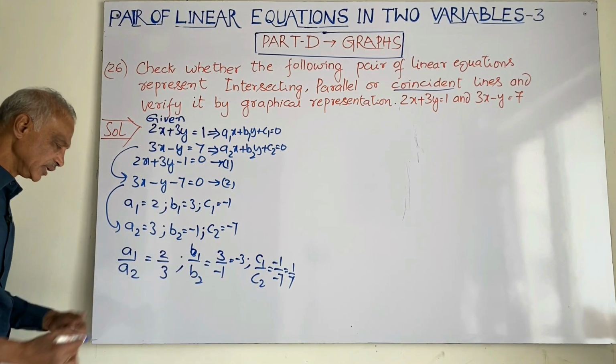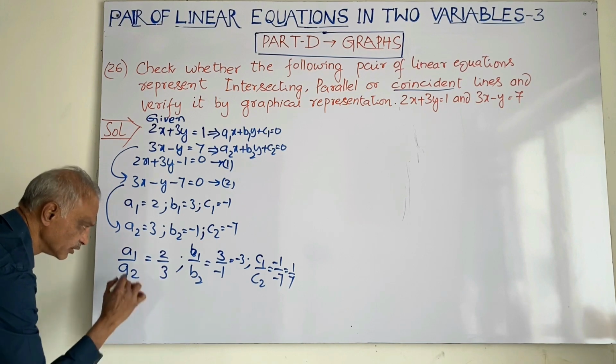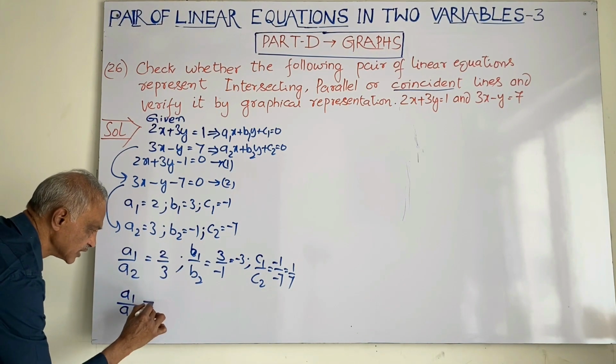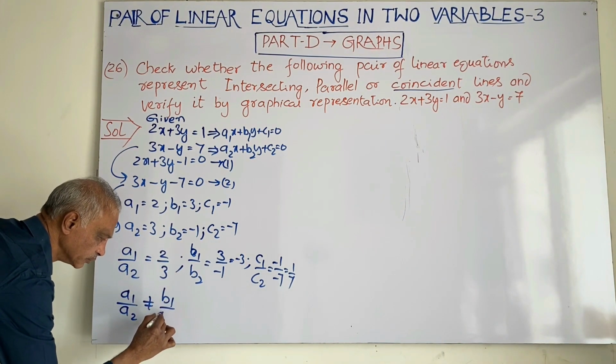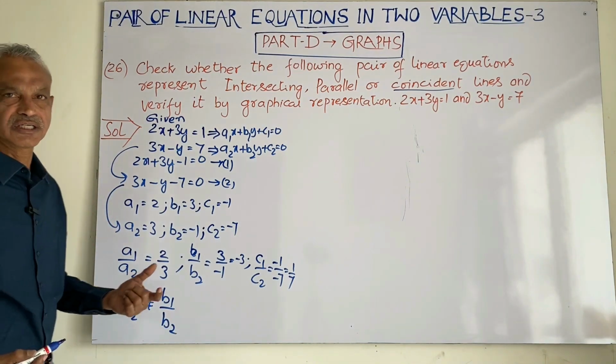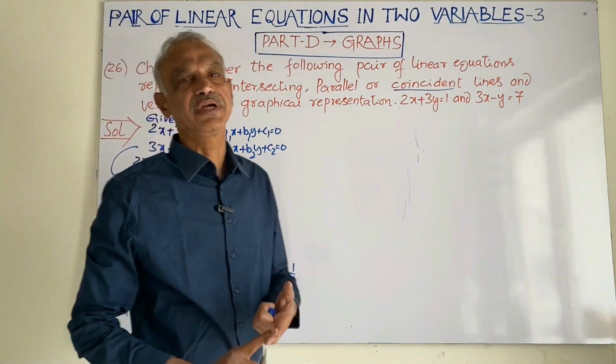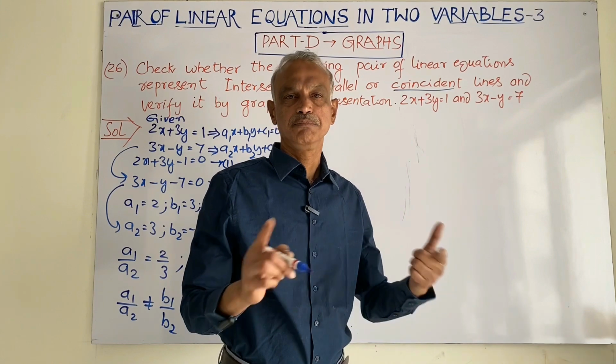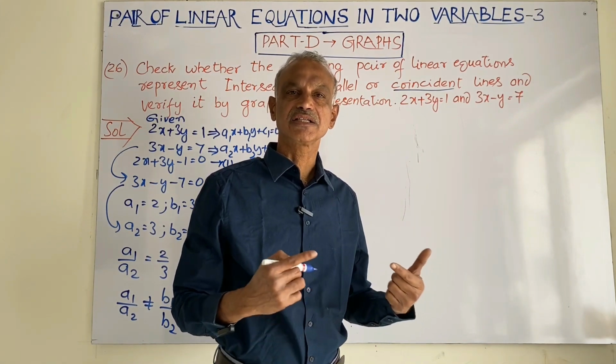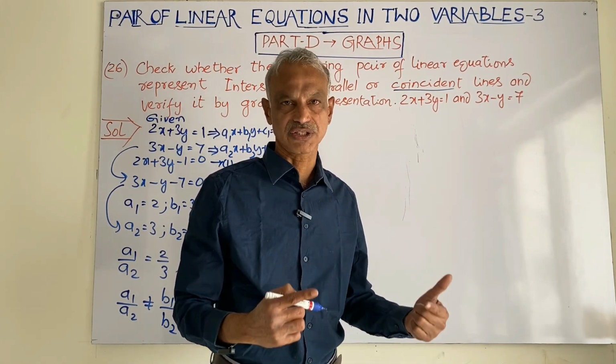Here a1 by a2 is not equal to b1 by b2. Then what is the condition for intersecting lines? If a1 by a2 is not equal to b1 by b2, then they are intersecting lines and they are consistent.